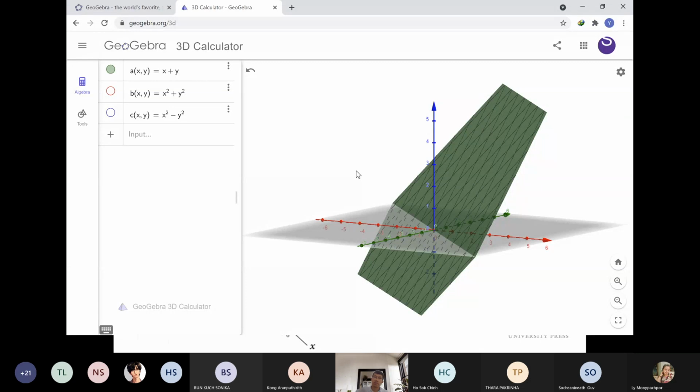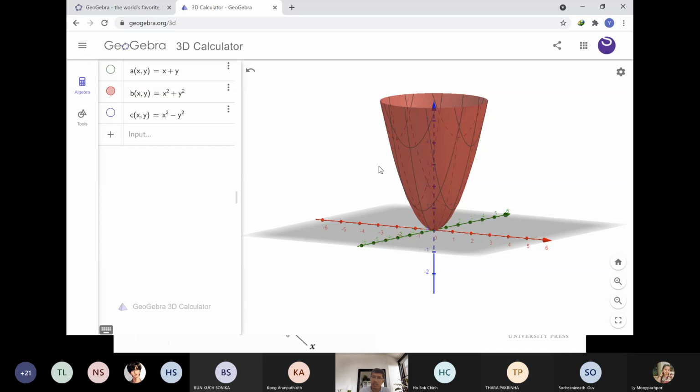Okay, a plane. So if you consider another function with two variables x and y, let's say z equal to x squared plus y squared, this is actually the graph of that function. Okay, so look, z equal to x squared plus y squared.